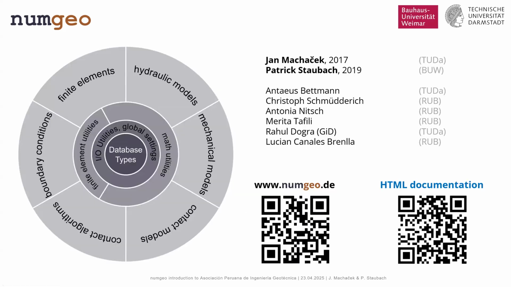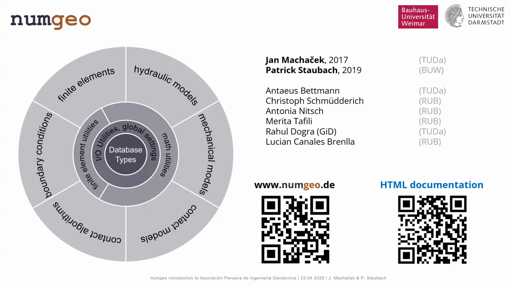Maybe first we start with the features itself, just a few background information. So I started creating NUMGEO in 2017 during my PhD studies. And just 2 years later, Patrick joined me in the development. And since then, it's now already 6 years of joint work on that program.